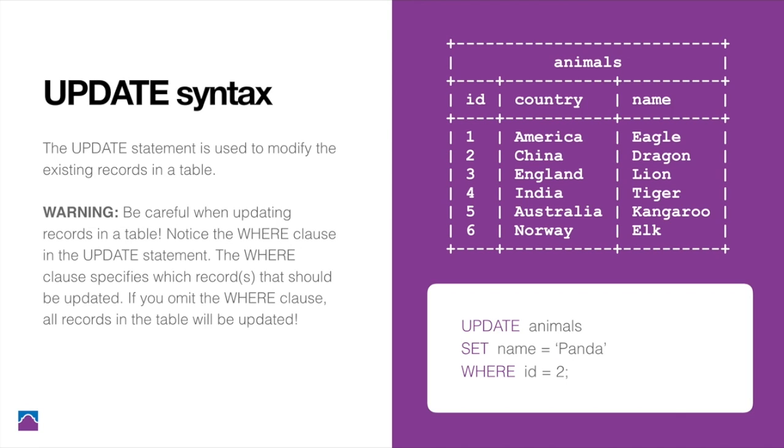You can say update animal set country equals, and then set null as the value, or single quotes, same thing as with your variables, and then run it. Then instead of saying where, you just leave it alone, and it would update all the rows with a null value for country. So that's one way that you could erase that information.